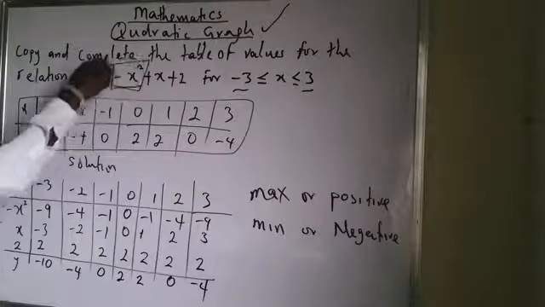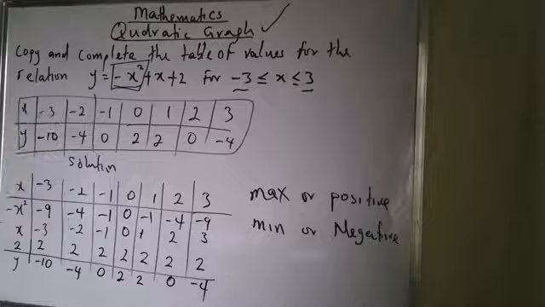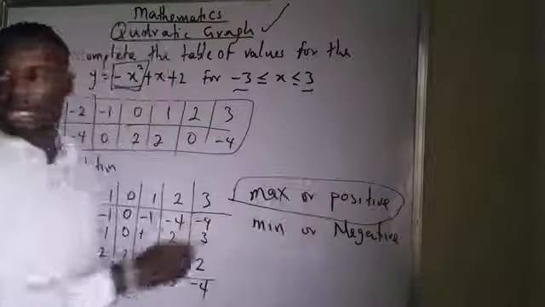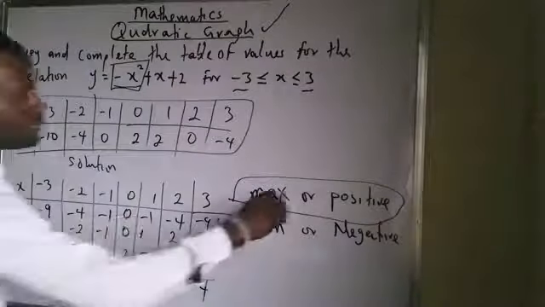This is x squared. Do you get it now? Yes. Now, I say that, for instance, if x squared is attached to minus, do you get me now? Then it will be what? Positive or maximum graph.